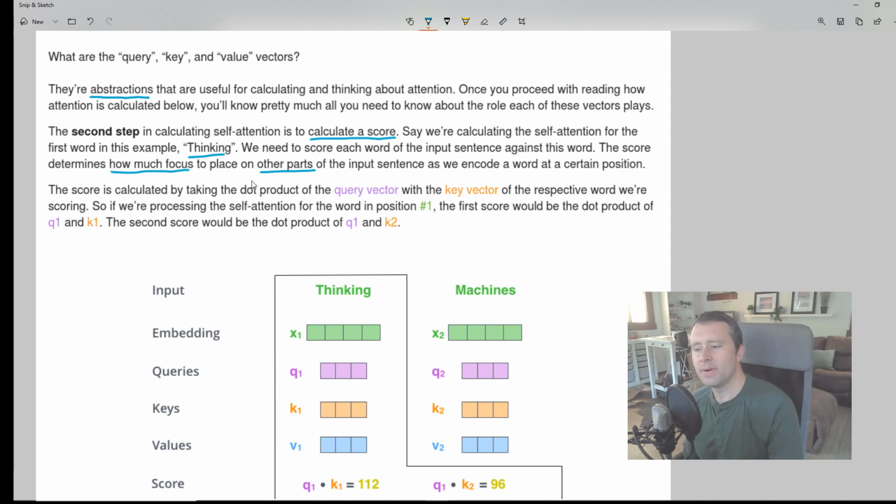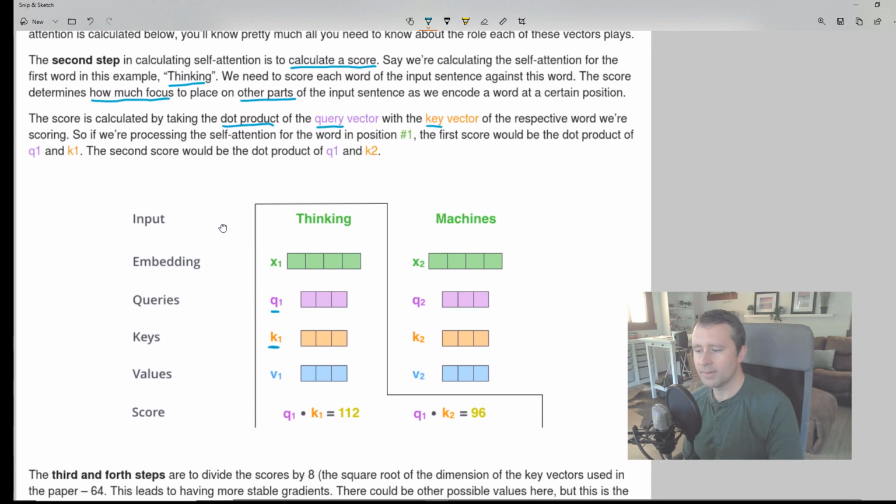The score is calculated by taking the dot product of the query vector with the key vector of the respective word we're scoring. So if we're processing the self-attention for the word in position number 1, thinking, the first score would be the dot product of Q1 and K1. It's interesting, we score not only the other words in the sentence, but also the input word itself.